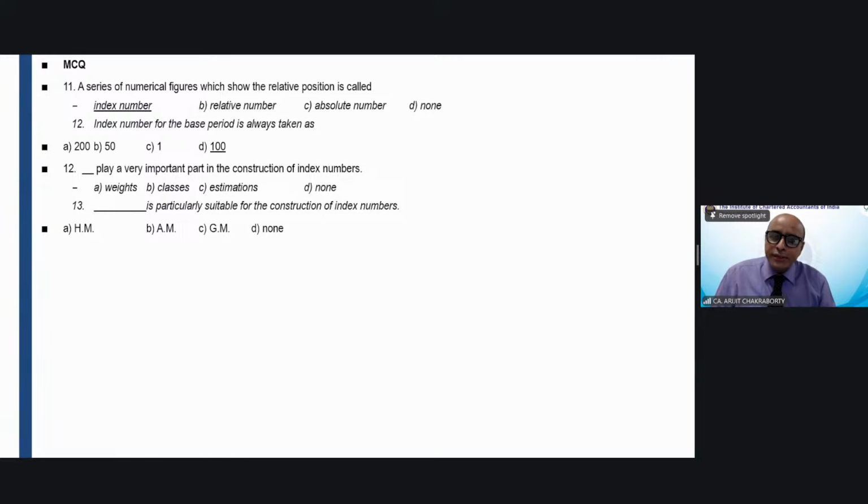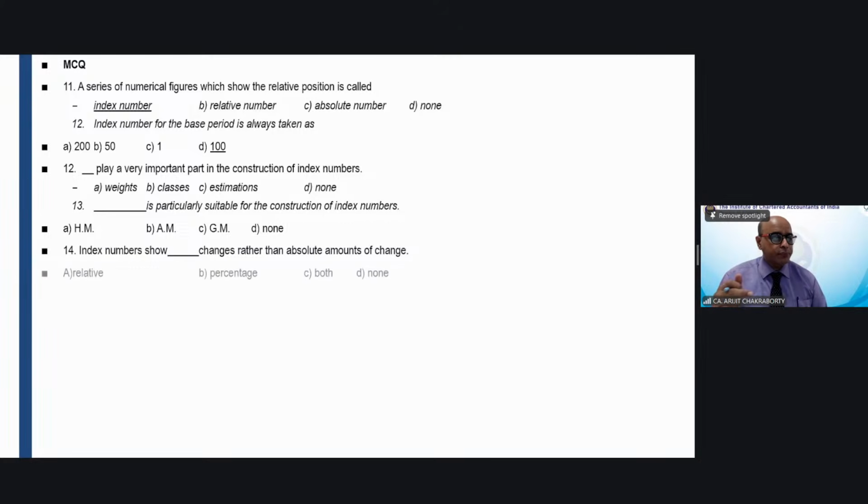But suitability, okay, so arithmetic mean maybe because it is easy, simple to calculate. 14th question, index numbers show dash changes. We will write both relative and percentage. Yes, so both, option C. 19th question, cost of living at two different cities can be compared with the help of what?